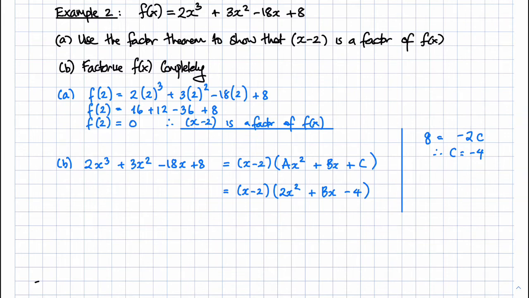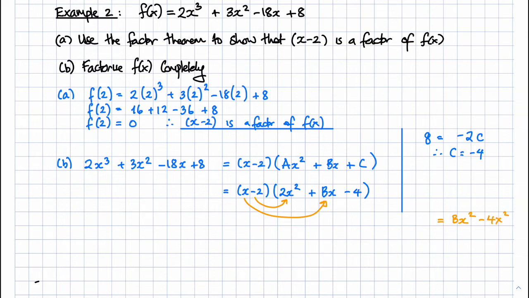So our next challenge is to work out the value for b. So x multiplied by bx gives me bx squared, and negative 2 multiplied by 2x squared gives me minus 4x squared.